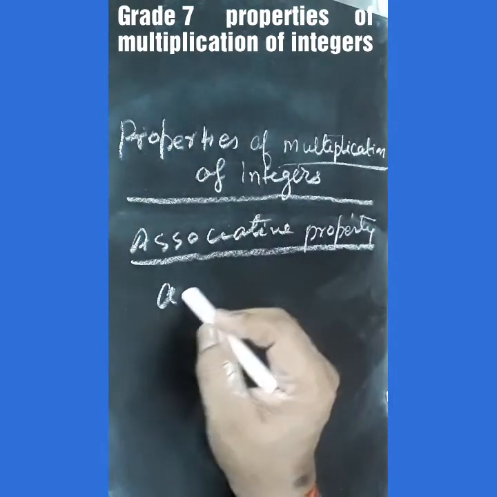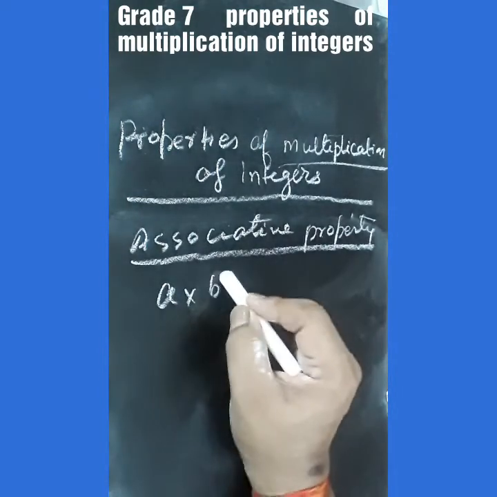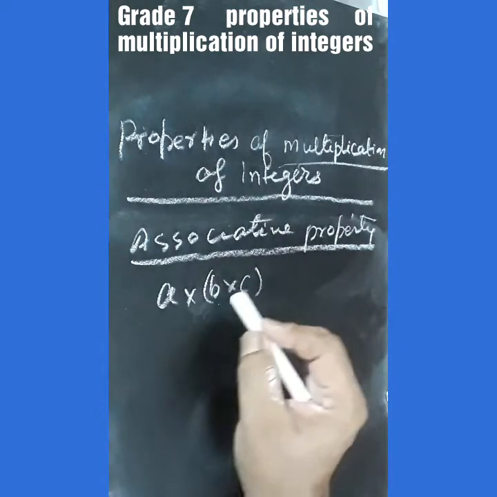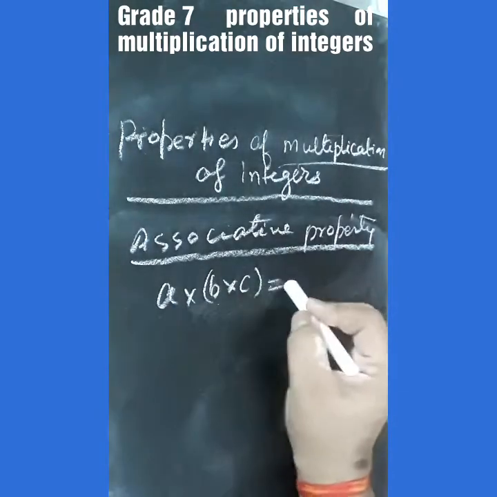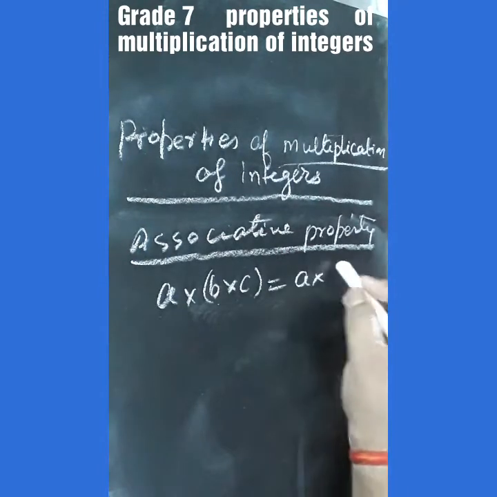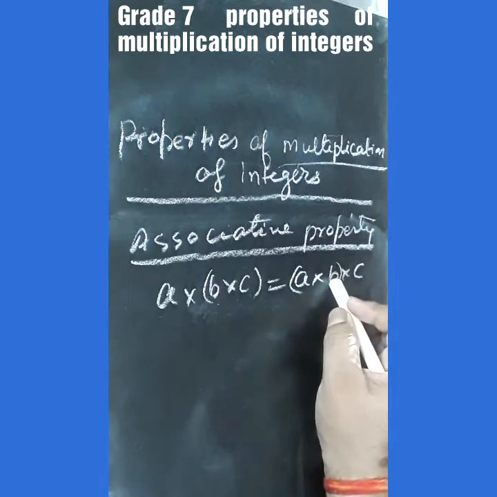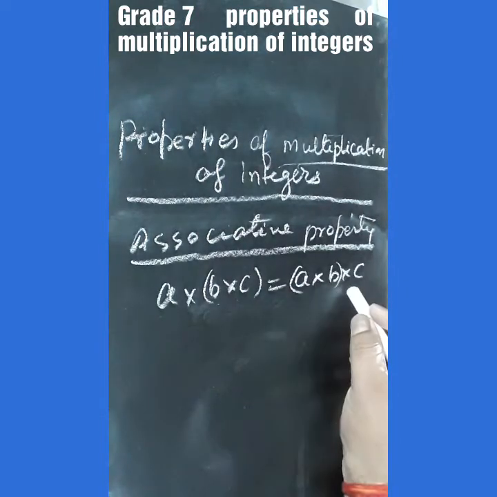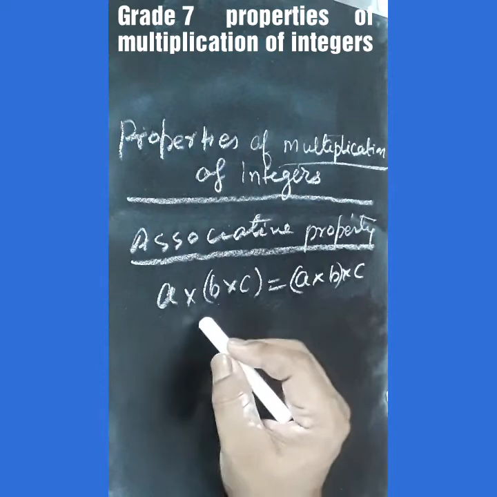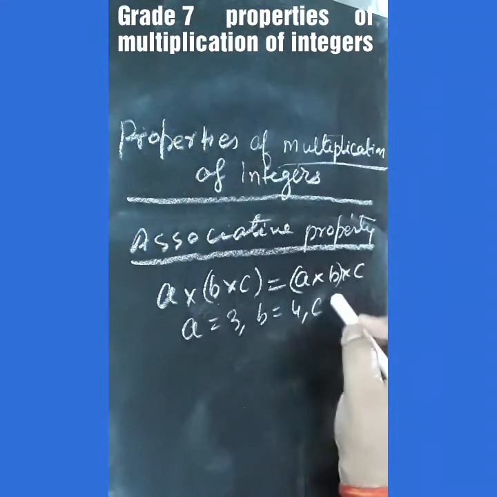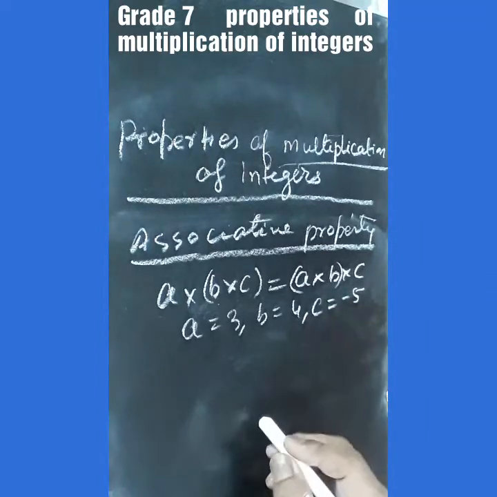It means if we take three integers a, b and c, if we first multiply b and c and then a, and again if we write like this, here we are multiplying a and b first, then we will get same result. Let us take a is equal to 3, b is equal to 4, c is equal to minus 5.